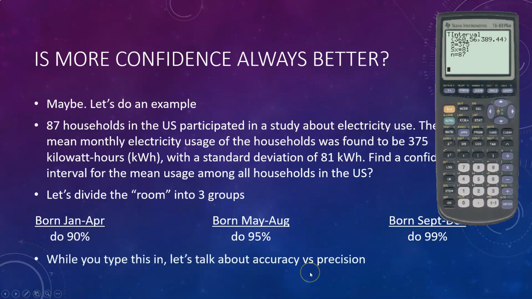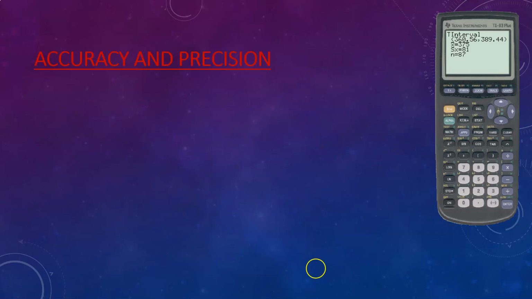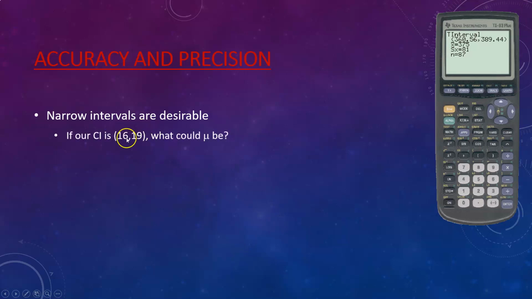While you're getting your results, let's talk about accuracy versus precision. We want our confidence intervals to be narrow, because a small interval really helps us zero in on where the mean of the population is. If we have an interval that's 16 to 19, then anything between 16 and 19 could be the mean of the population.